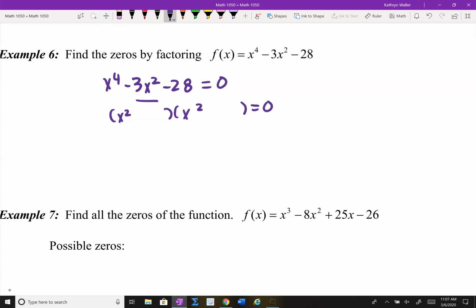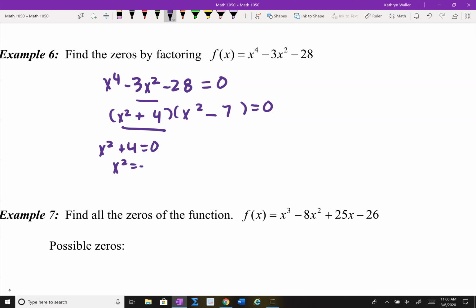2 numbers that multiply to give me 28 and subtract to give me 3 are 7 and 4, right? And the biggest is the negative, that would be the 7, so it looks like that. Do you see how they're not asking me on this question which ones are rationals and which ones are others? This is how I think it's going to look on your midterm, okay? So if I set this guy equal to 0, you guys, I get x squared plus 4 equals 0.